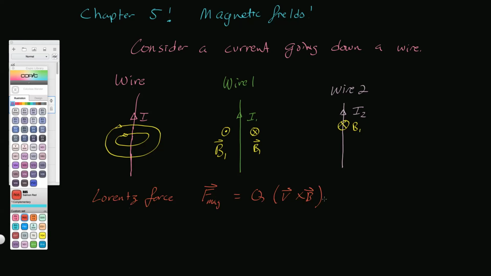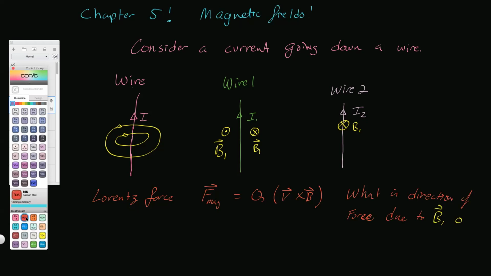And so if we want to know at least the direction, we want to know exactly what is the direction of the force due to wire 1, well, the B field, I guess, due to B1, how about that?